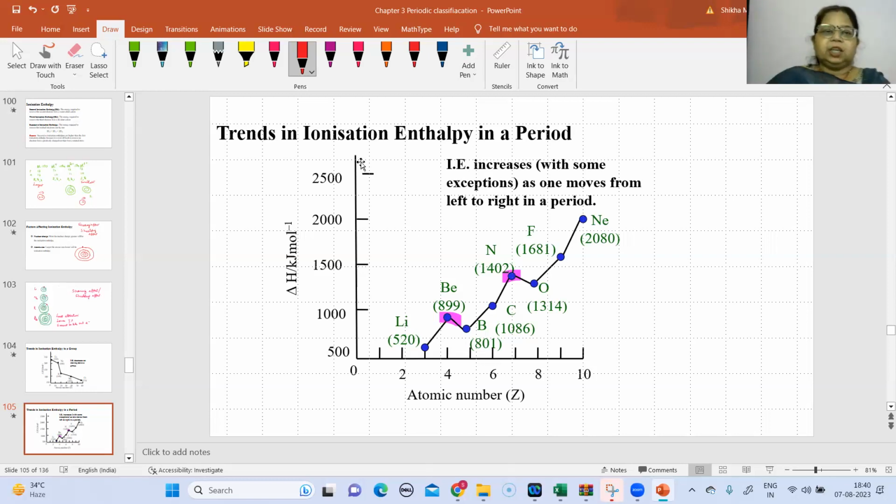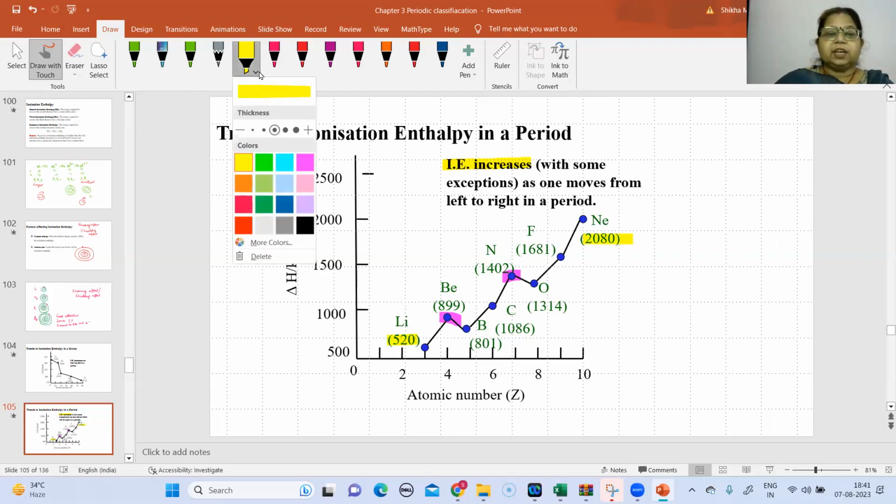See, I'm saying, look at the graph carefully. We understand that ionization energy increases when we move from left to right. It is changing from 520 to 2080. But there are certain peaks which I have marked with the pink or red color.